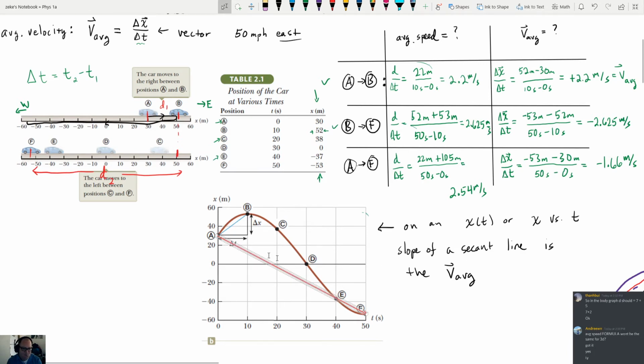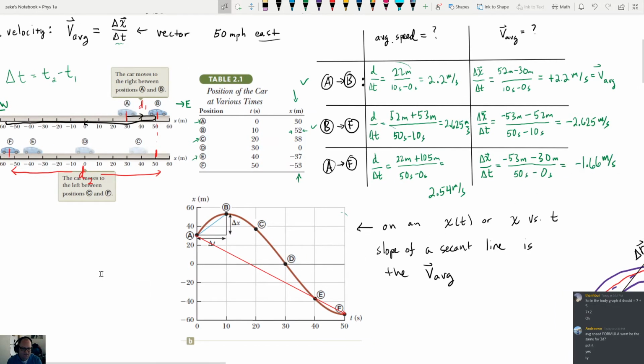So if we drew a line between A and F right here, like that, then what I'm saying is that the slope of that red line right there should be the same as what we got right here, negative 1.66. And you can see why that would be, because you would take delta x, which would go from, this is the final and this is the initial. So you'd go xf minus xa, which would be negative 53 minus 30, just like we did up here. That's like the rise.